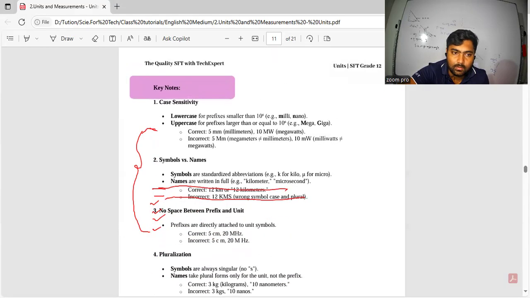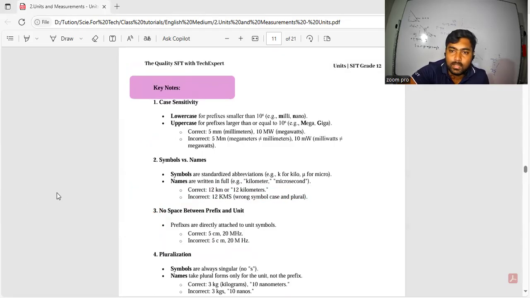Then we have some rules when we are using prefixes. Prefixes and units: we have standard rules when we are writing prefixes and when we are writing units.